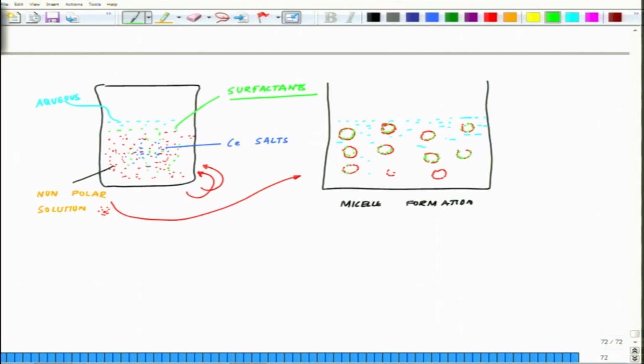Okay. Now, in that process, a bunch of cerium molecules will get entrapped inside, because their concentration is fairly higher. Now, what you are seeing is that each one of these micelles is acting as a nanoreactor.